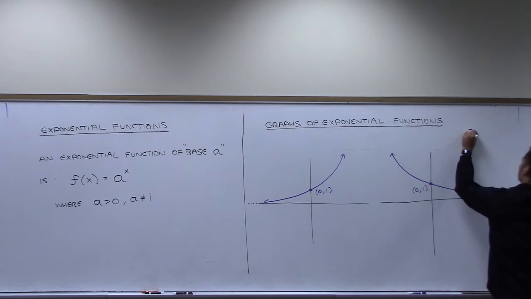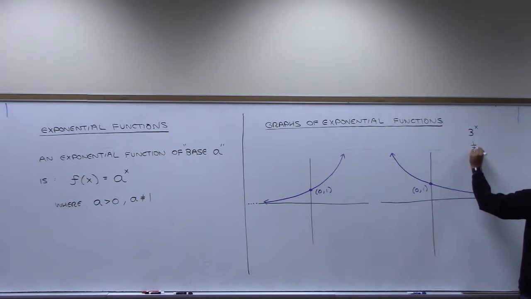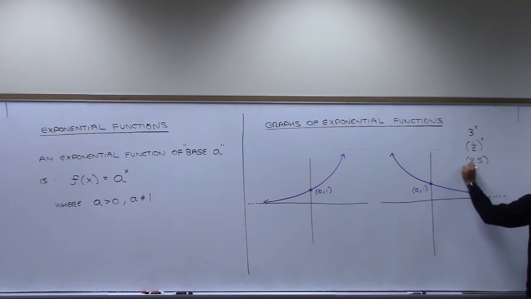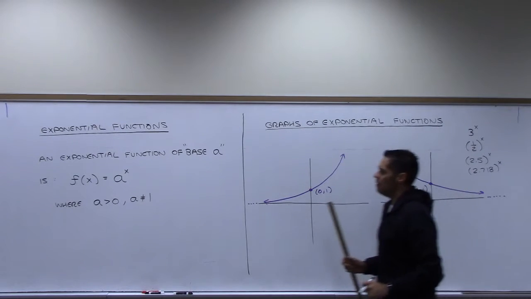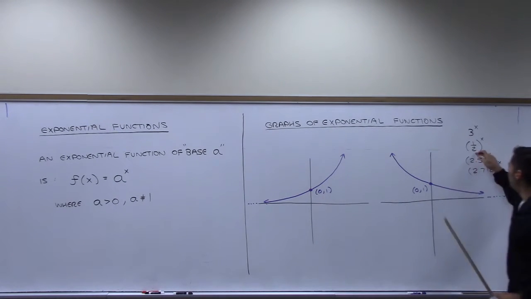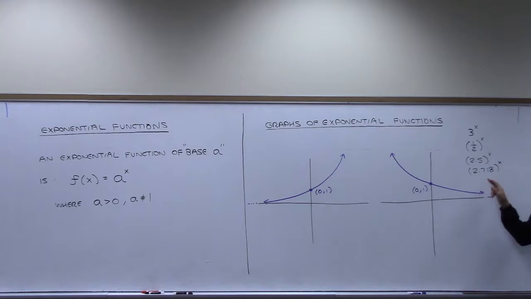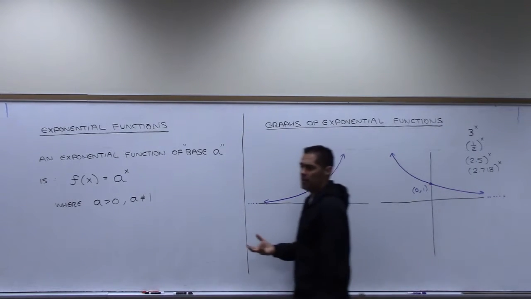I asked you to do 3 to the x, half to the x, 2.5 to the x, 2.718 to the x. Those 4 functions, and make a table and plug everything in. The number down here, 3, 1/2, 2.5, 2.718, is called the base of the exponential function.